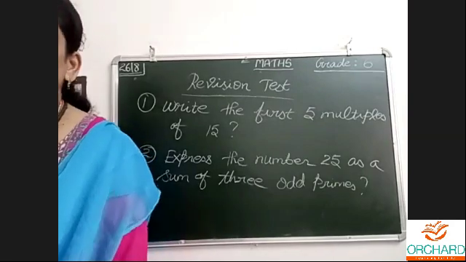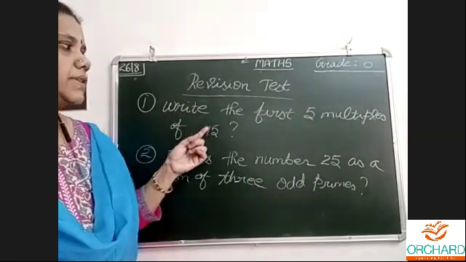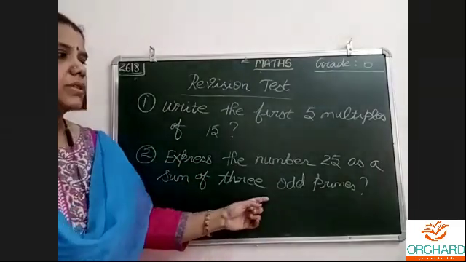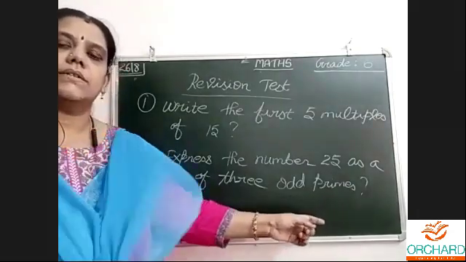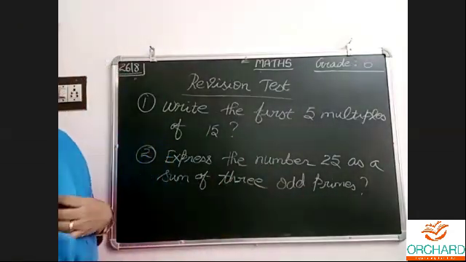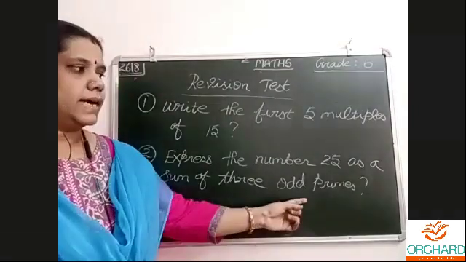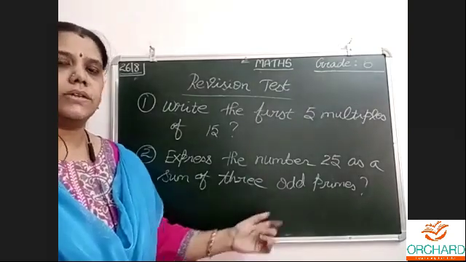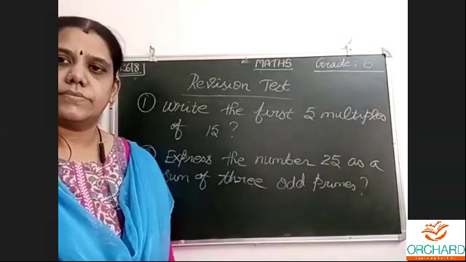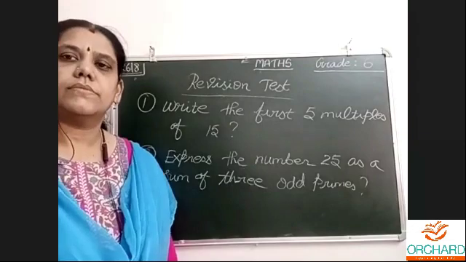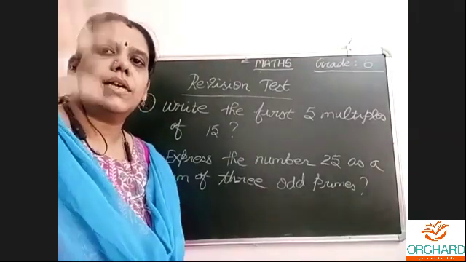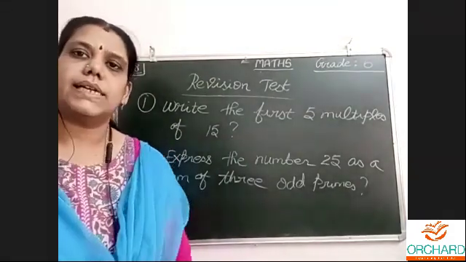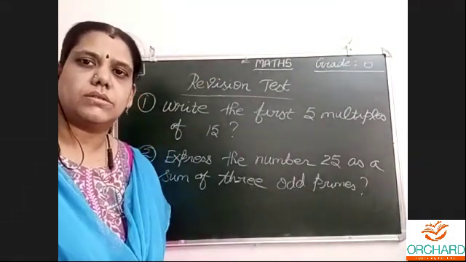Complete these 2 questions and keep your video on. Write the first 5 multiples of the number 15. Express the number 25 as a sum of 3 odd prime numbers. You can select any 3 odd prime numbers, and when adding those 3 numbers, you must get 25. Quickly. Only those who show quickly will be seen. If you take 30 minutes and show after that, no use.